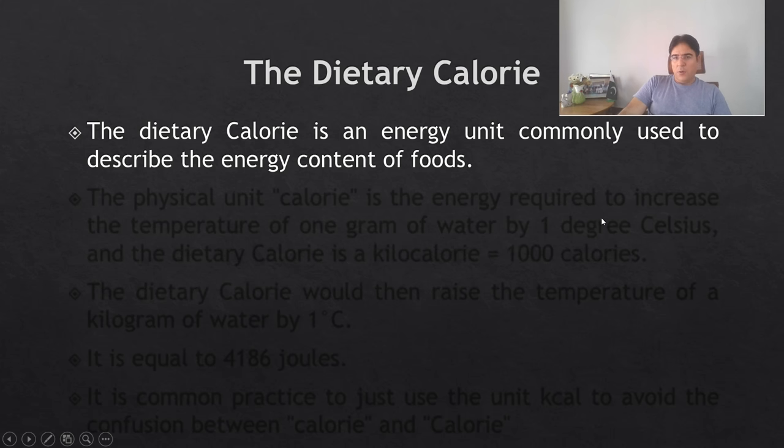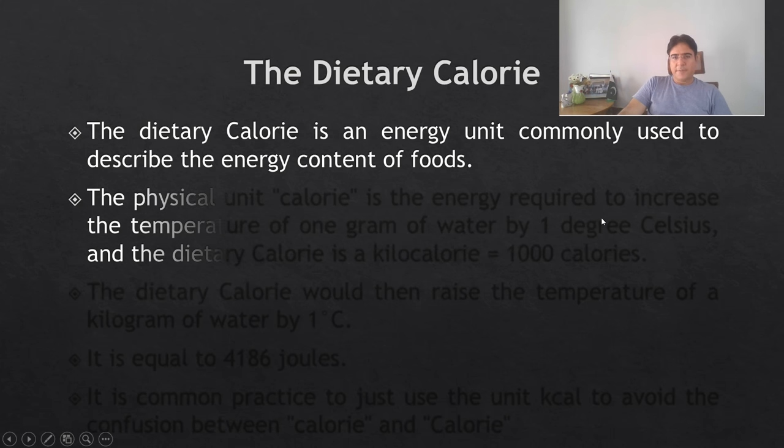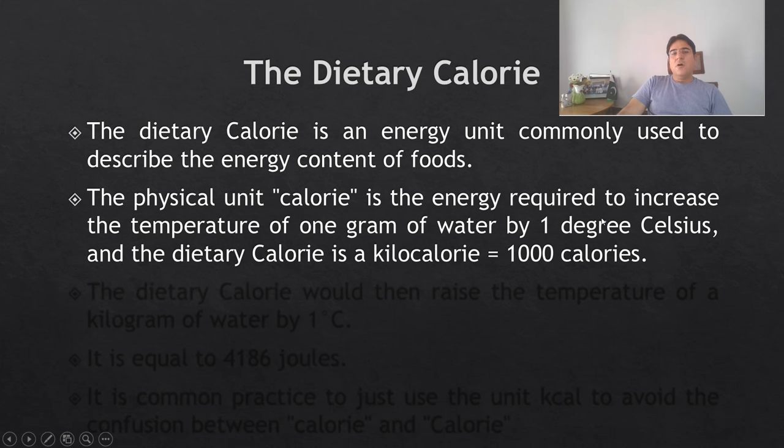We don't use joule. We can use joule, no problem. If you purchase a biscuit, you will find that there are calories and also joules. So it's upon preference. Most common one is the calorie. Now, the physical unit calorie is the energy required to increase the temperature of 1 gram of water by 1 degree Celsius.